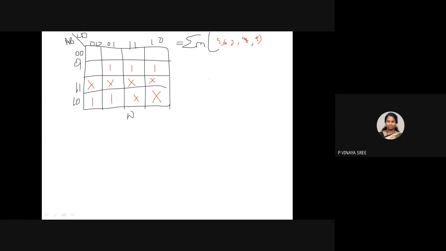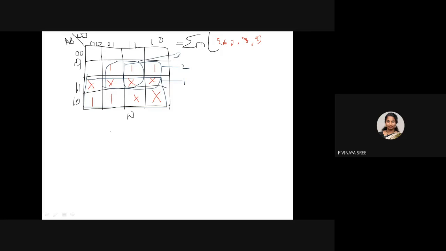Now, how to group? Think about the maximum. I can group this one as one group. Next, how to group the others? This one as one group, this one as the other group.